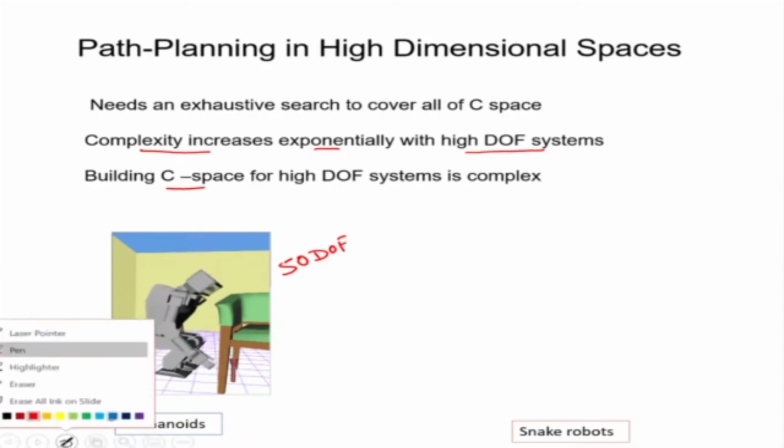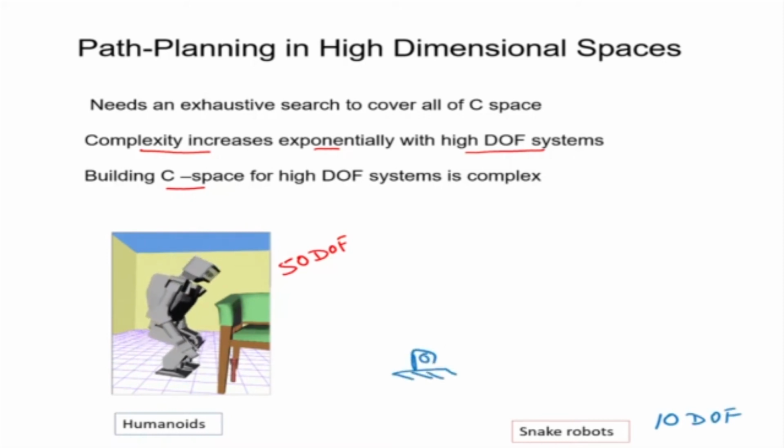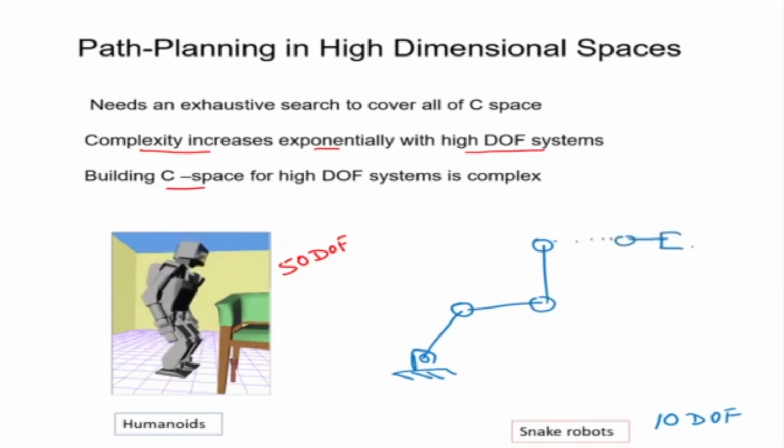Let's have a look at another example, which is what we call a snake robot, or a hyper redundant manipulator, having very large degrees of freedom, so maybe 10 degrees of freedom. You can imagine a robot here, very often called a snake robot, with 10 degrees of freedom. There is one more degree of freedom, the end effector, and it has to go inside some position.